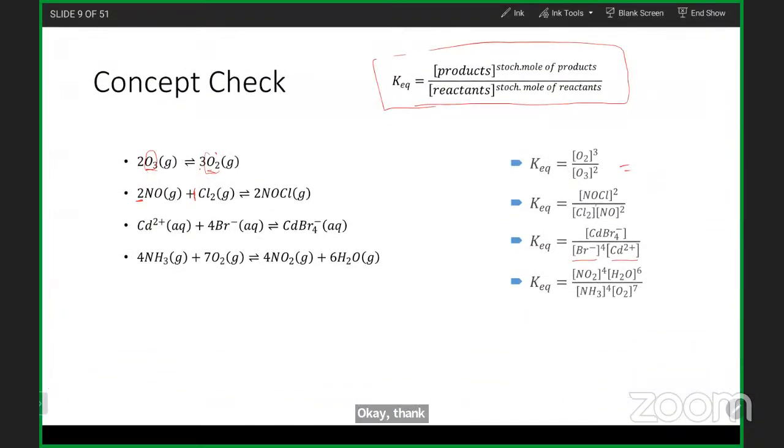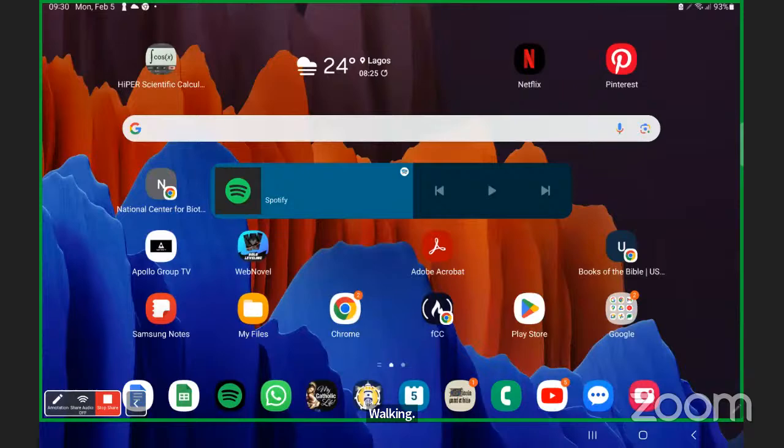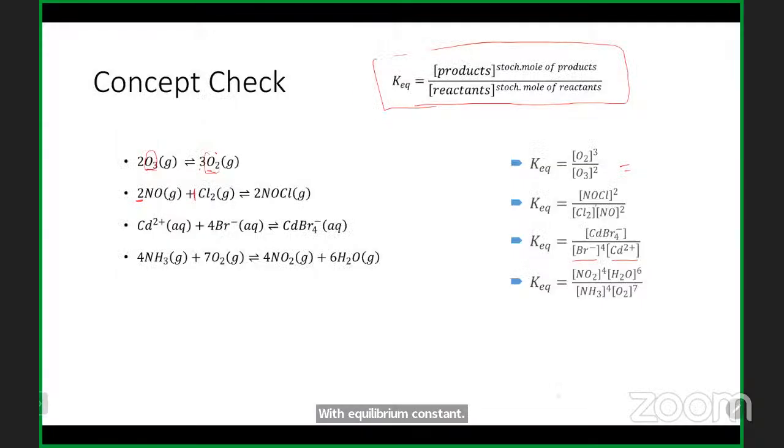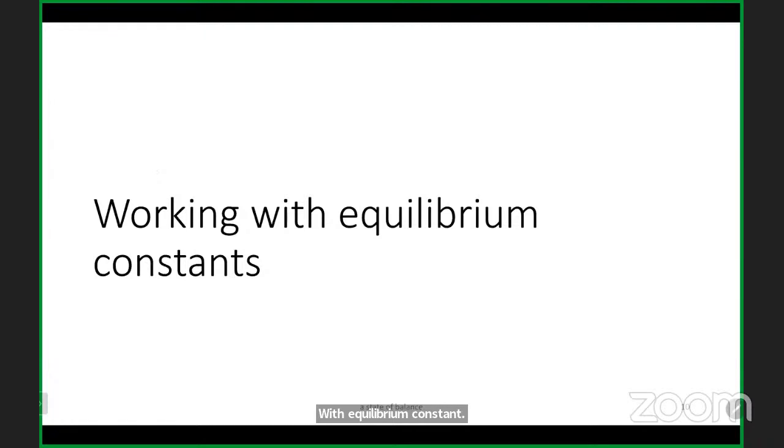Now let's see how we work with the equilibrium constant.